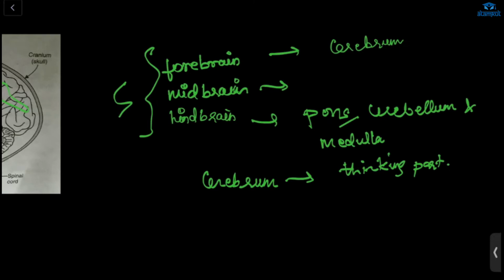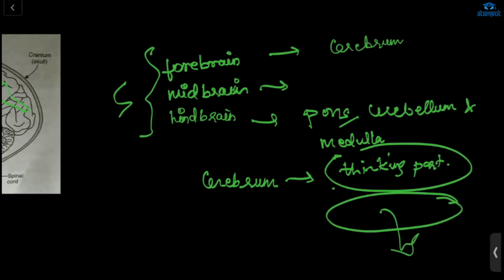The cerebrum also has different areas for performing different functions. There is the thinking part and also the motor part. It receives the signals, and also gives out the actions to the motor nerves.